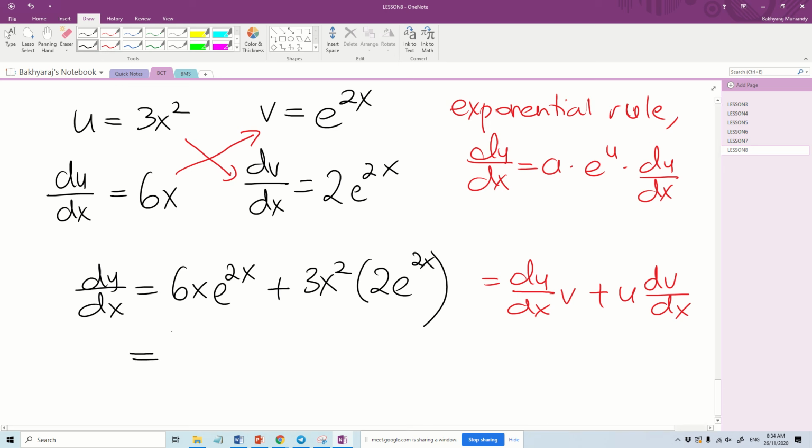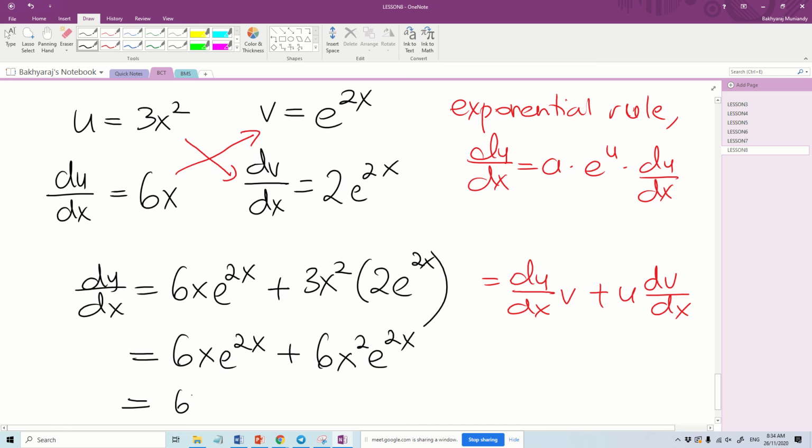So we should give you the answer: 6x exponent 2x plus 6x squared exponent 2x. Can we factor this out? Yes, we can factor. If we factor, it is nicer actually. Since 6 is in both, we can take 6 out.